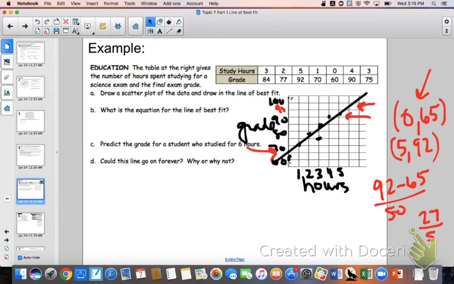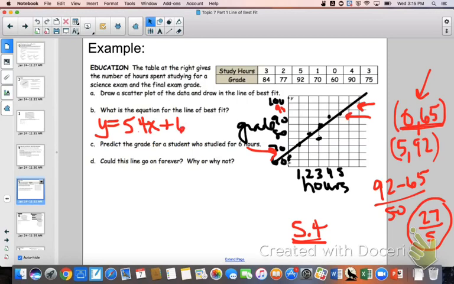So that is 5.4. 5.4 is my slope, or 27 fifths, however you want to write it. I'm going to use 5.4, and a y-intercept of 65. So y equals 5.4x plus 65.